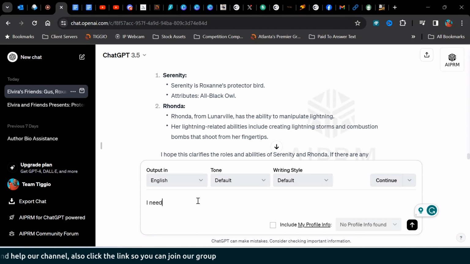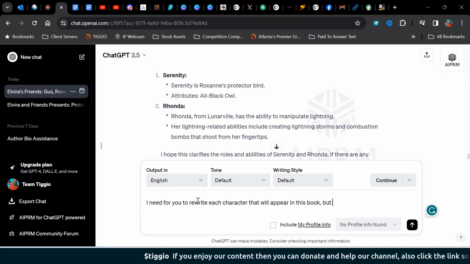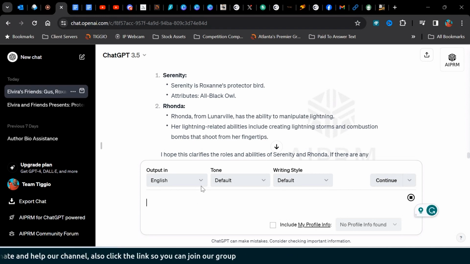So now what I'm gonna put, I need for you to rewrite each character that will appear in this book, but list all new changes.